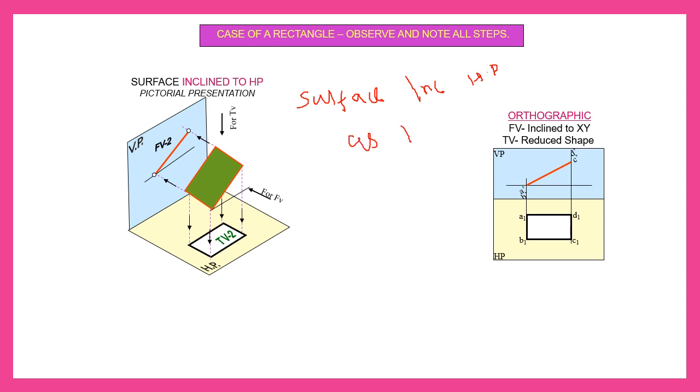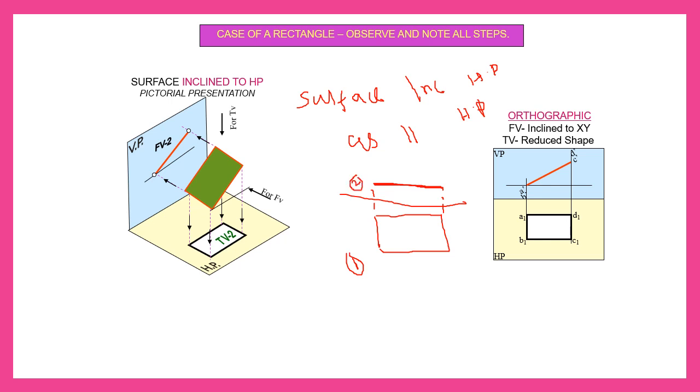So in the first step you will get a rectangle like this, and this is the front view. This is the line, the true length of the line. This is the first step, this is the second step.